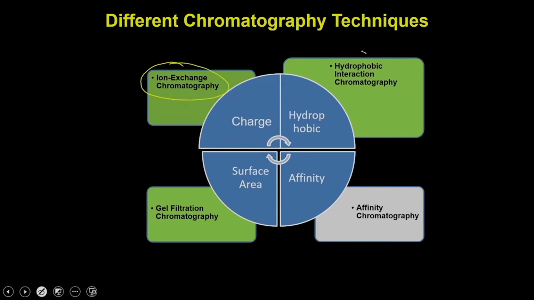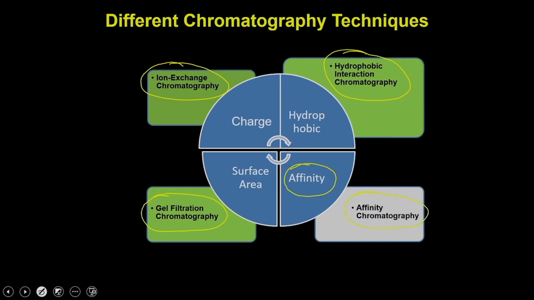In the case of hydrophobic patches, we discussed hydrophobic interaction chromatography, and in the previous lecture we discussed how to exploit the surface area of a protein using gel filtration chromatography. Today we are going to start discussing affinity as a parameter, and the technique we are going to discuss is affinity chromatography.